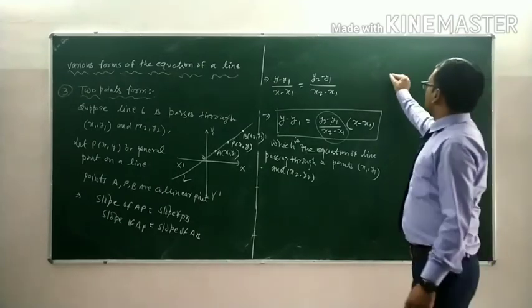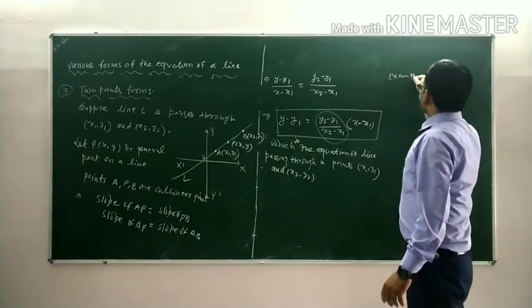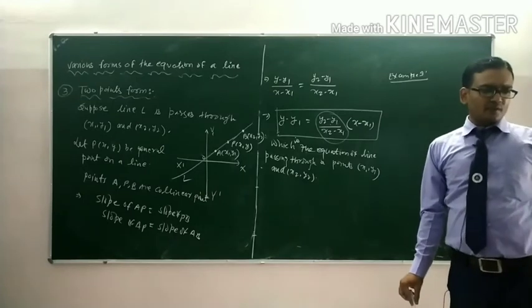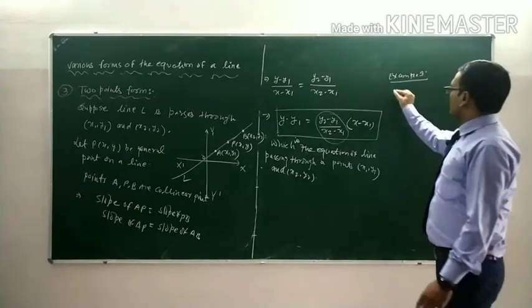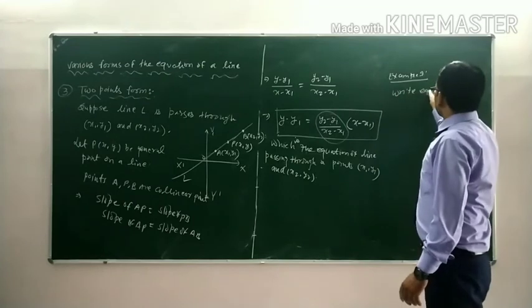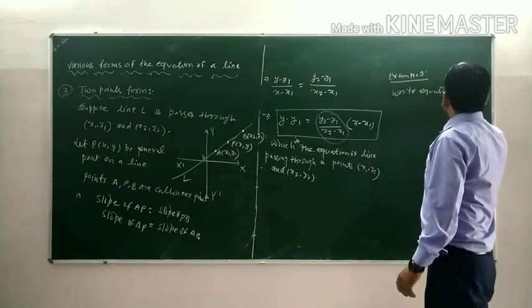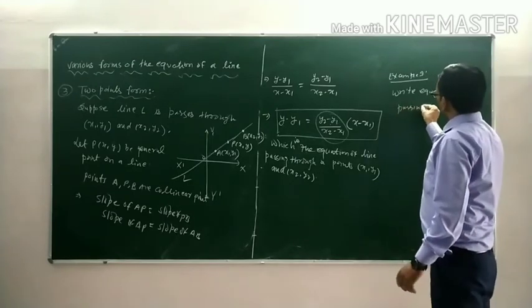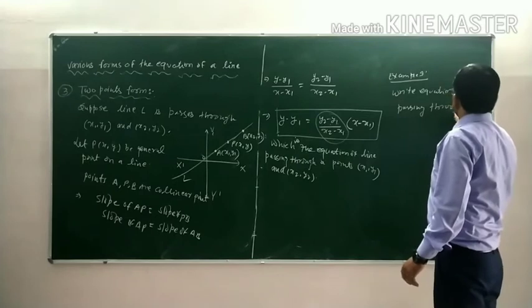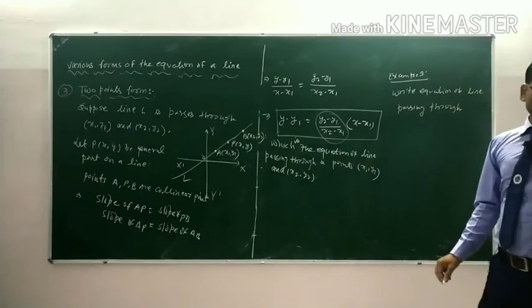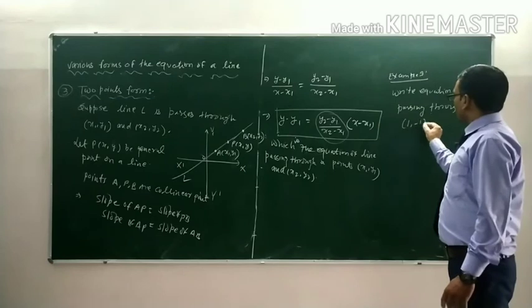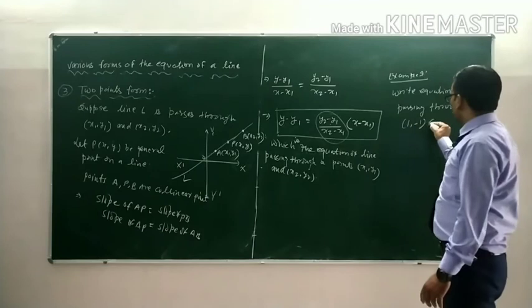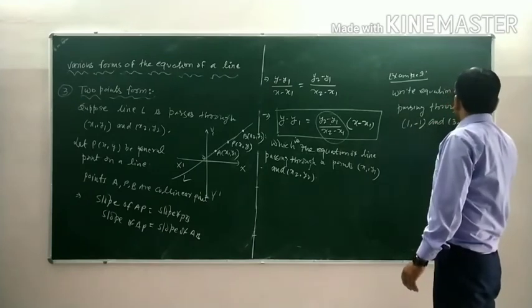Example number 8. Okay students, write the equation of the line passing through the points 1 comma minus 1 and 3 comma 5.